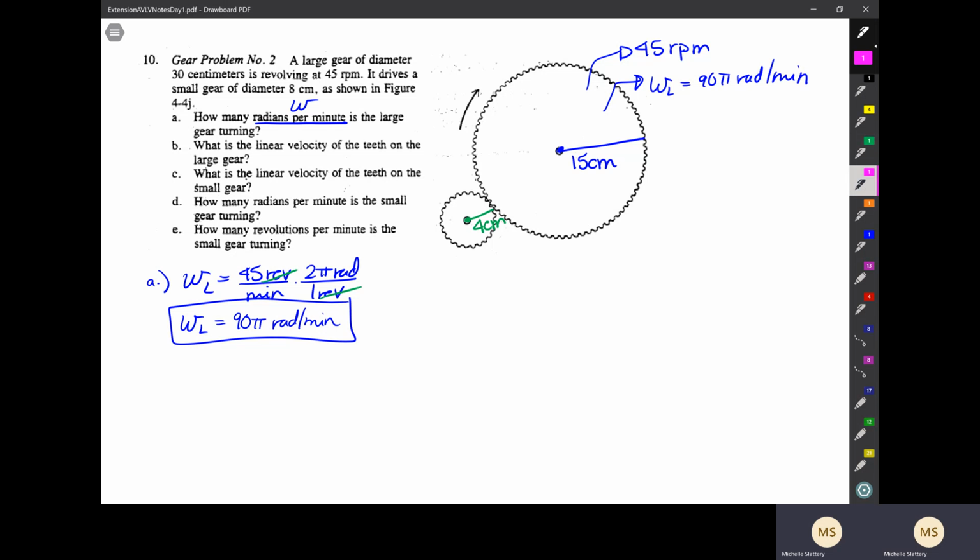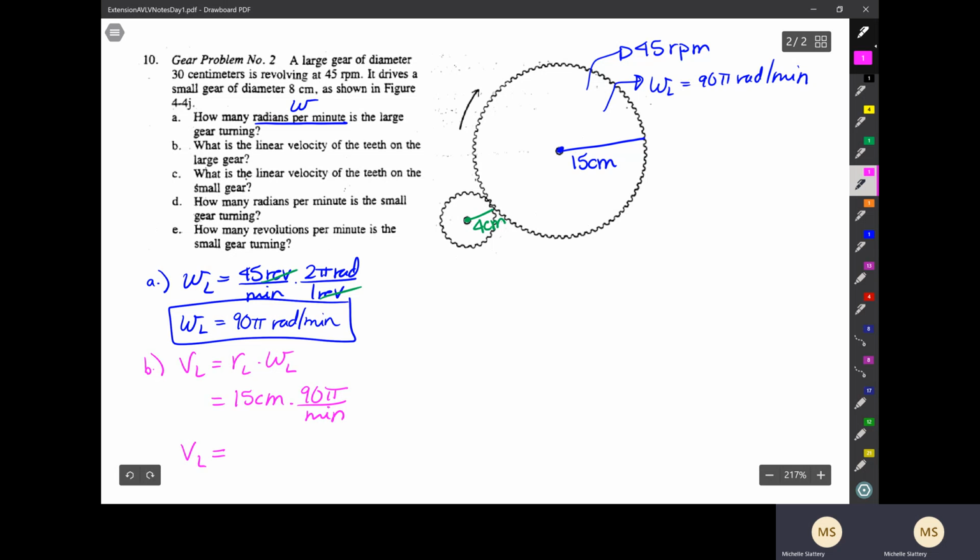Then I'm going to continue on with part B. What is the linear velocity of the teeth on the large gear? So we're still working on the large gear, and I want the linear velocity. I know my radius and I know my angular velocity, so I want the radius of the large times the angular velocity of the large. It's good to use these subscripts because they help keep everything organized, for you and also for me, so when I'm reading your work I can easily figure out what you're describing.